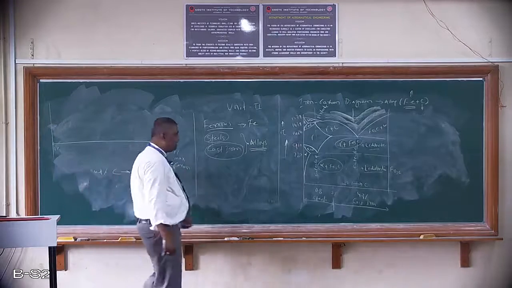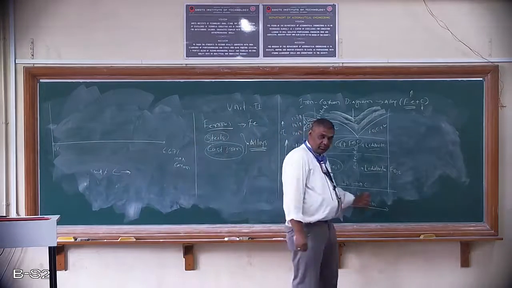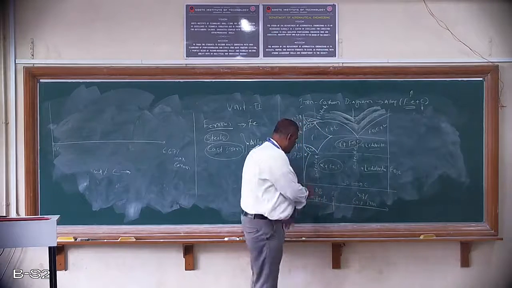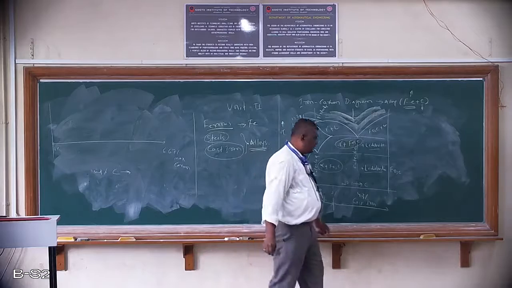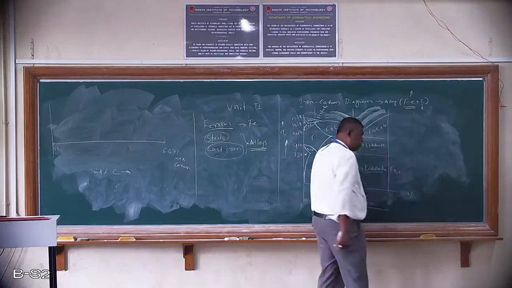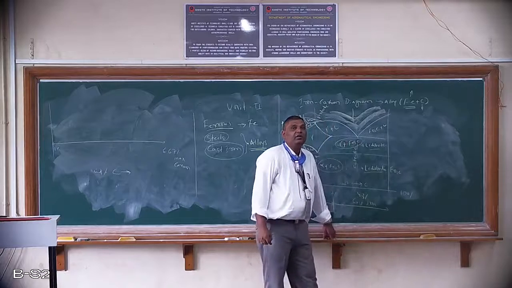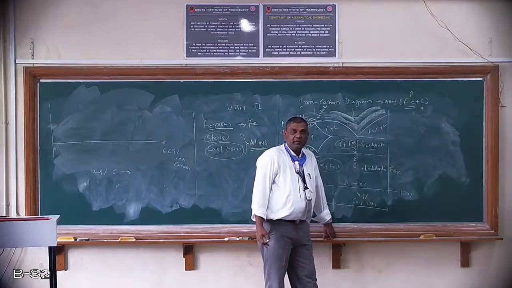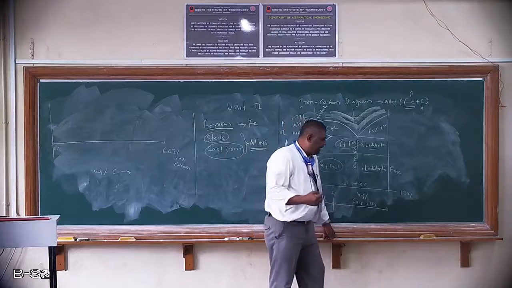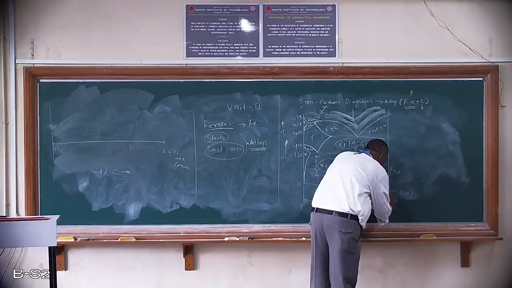Remember, when we discuss the weight percent of carbon, this starts with 0. Generally in all other phase diagrams, this is 100%, 100% of carbon. But we cannot take 100% carbon here. The maximum solubility of carbon in iron is 6.67%.